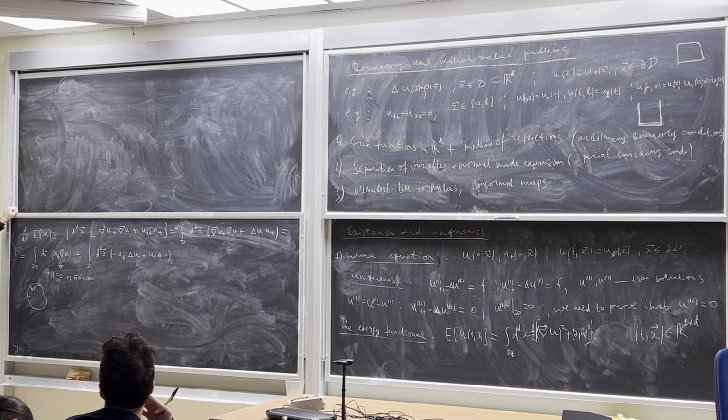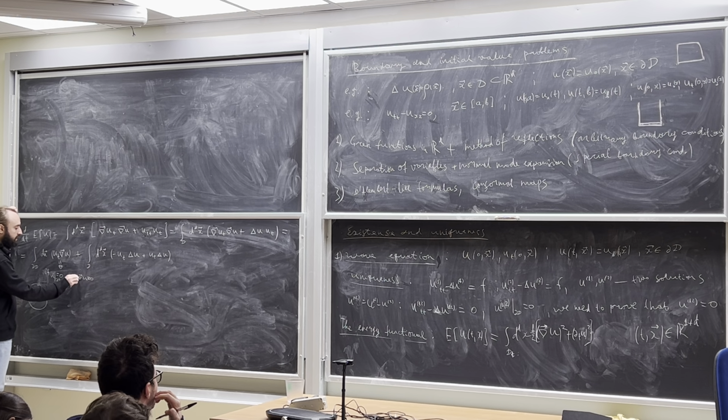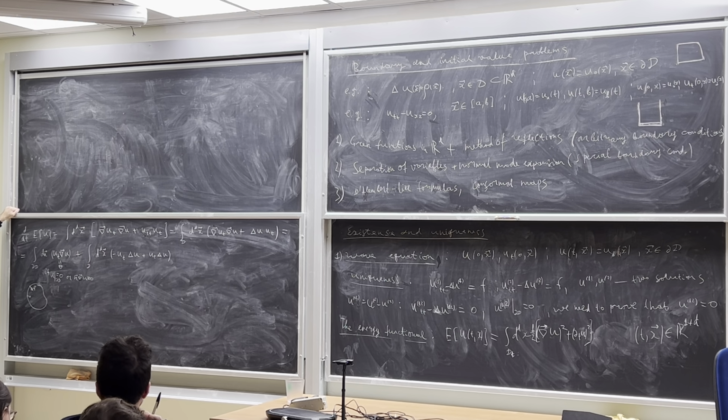Is it okay? So one of these terms, either u_t or this gradient of u, vanishes, and so this boundary term is 0.